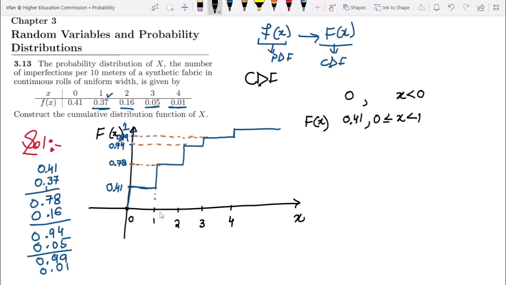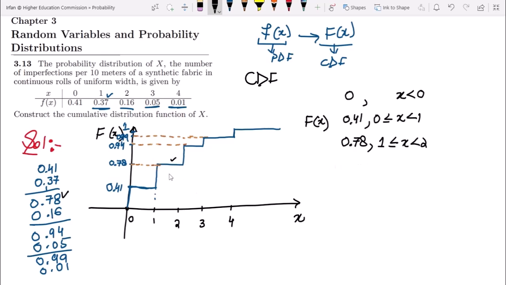Until it reaches 1, the value becomes 0.78, which I told you is found by adding them, and here x ranges from greater or equal to 1 and less than 2, because this is the range.